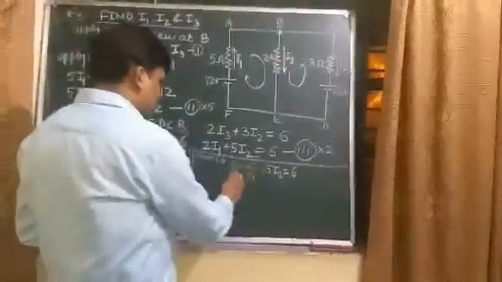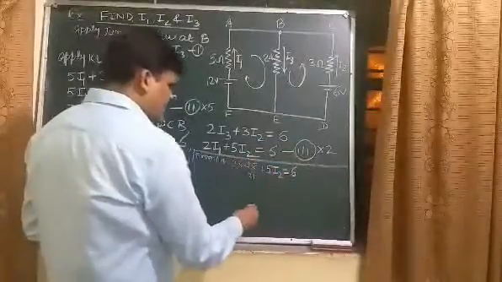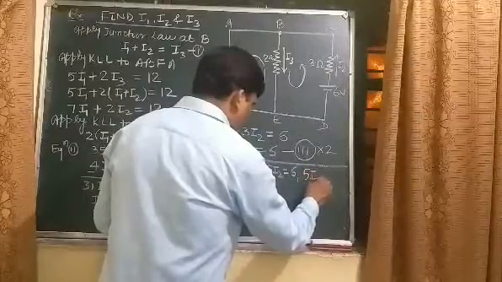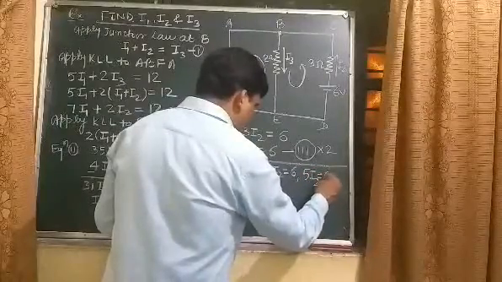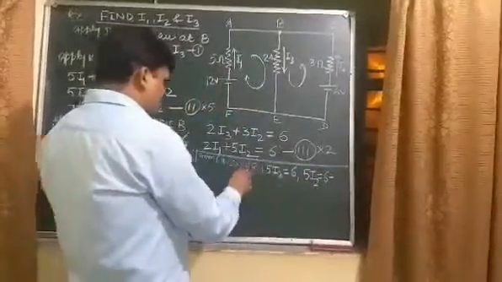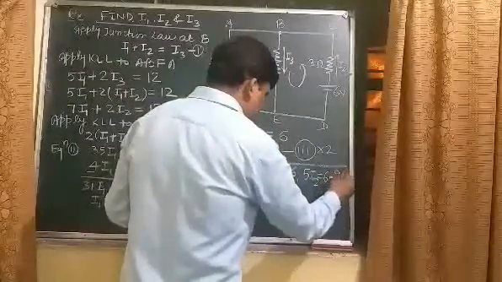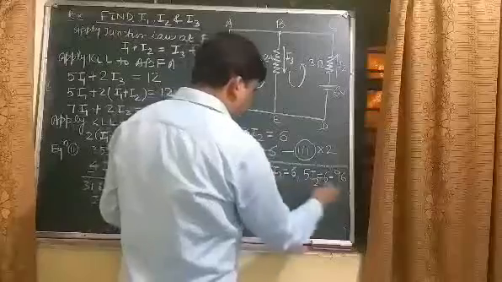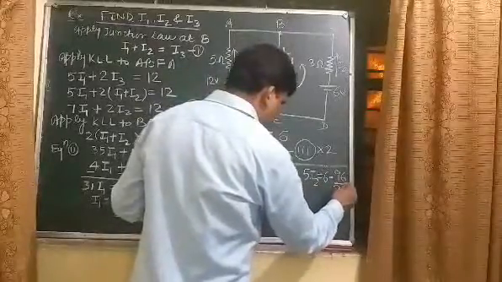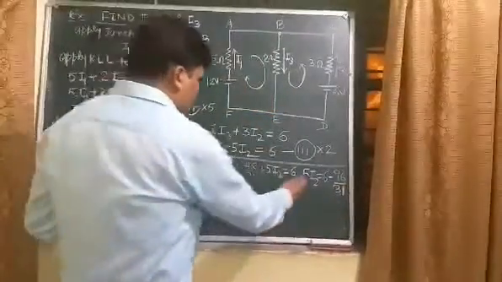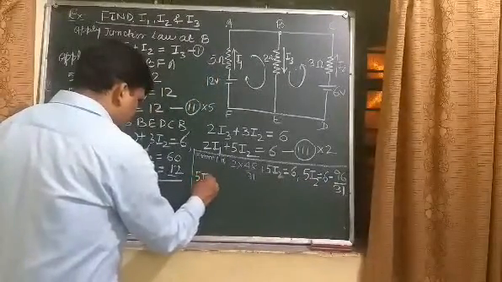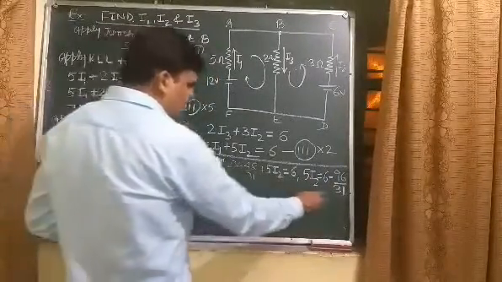And this can be rearranged, so it can be written as 5 I2 equal to 6 minus 96 by 31.